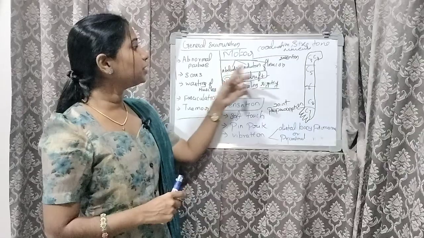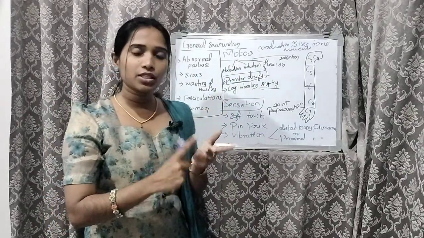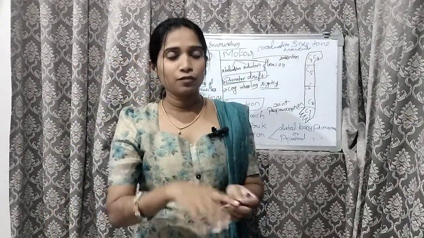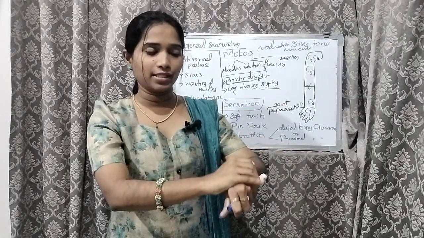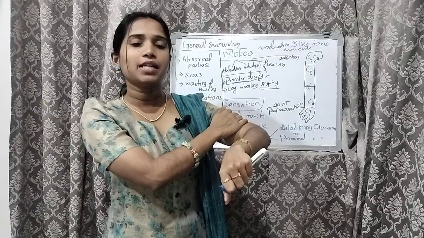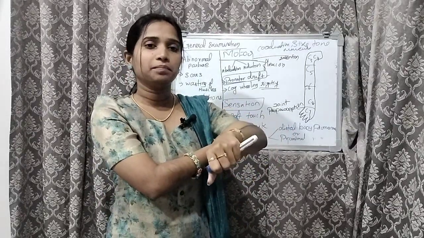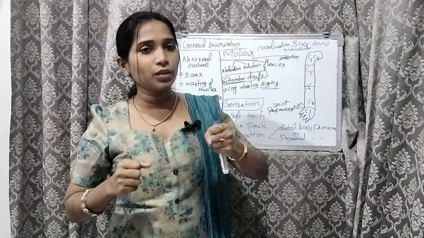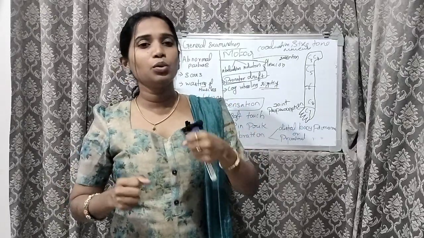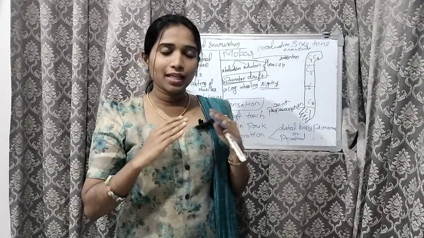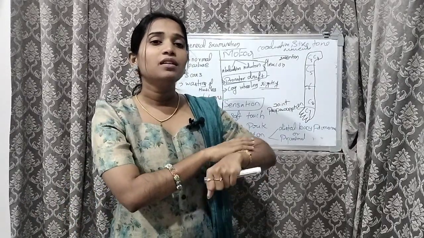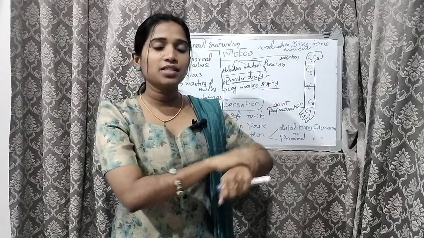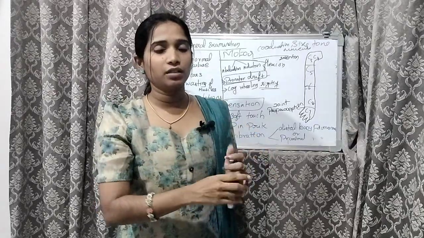See, muscle tone, how are you assessing? Abduction, adduction, flexion, extension, for the shoulder and elbow and wrist. While doing abduction, adduction, you have to push against them. How much the patient pushes against you, that much energy they have, which means the muscle tone is with good power. Clear?